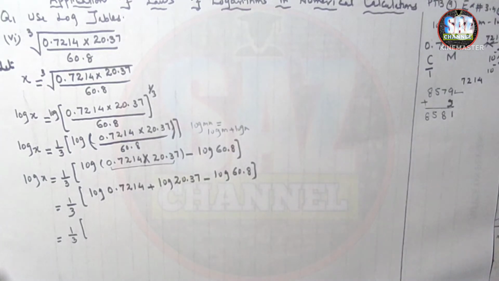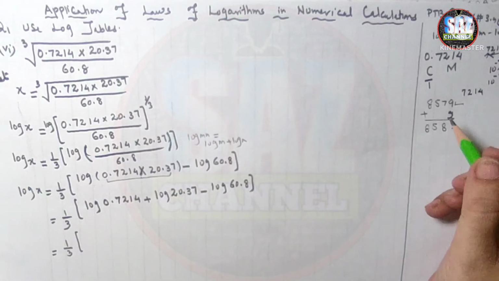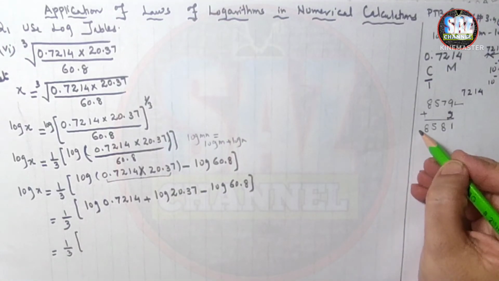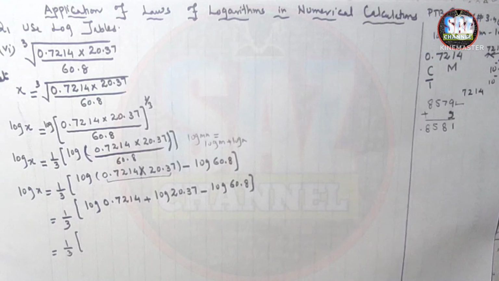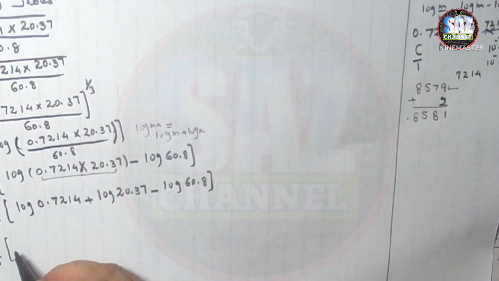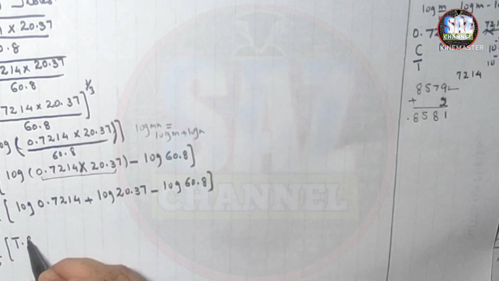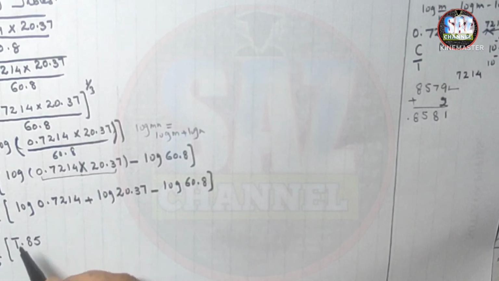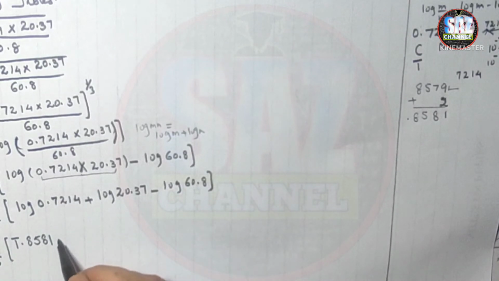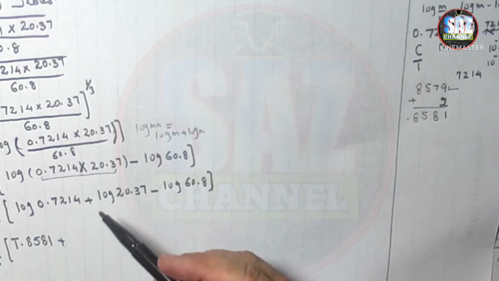As we know that the mantissa is always in decimal, so when I write it, I have to write 0.8581. So the log of this number is 1 bar, because this is negative, 0.8581.